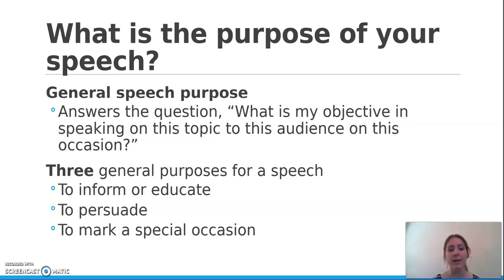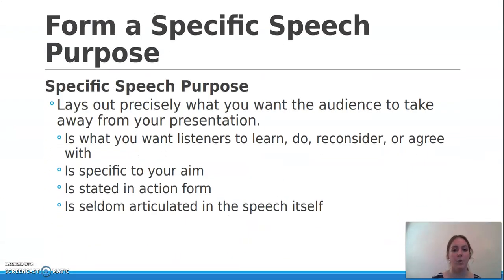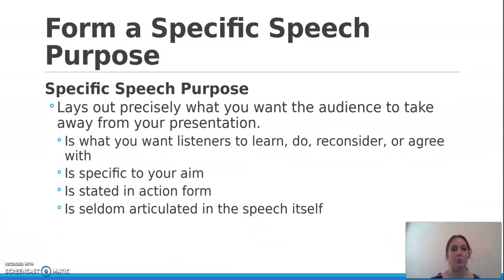And then the last one is a special occasion speech, whether that is a wedding toast or a funeral toast. You will have these three general purposes for a speech. So when you're forming the specific speech purpose, you're going to want to lay out to the audience what exactly they should be learning in your speech.